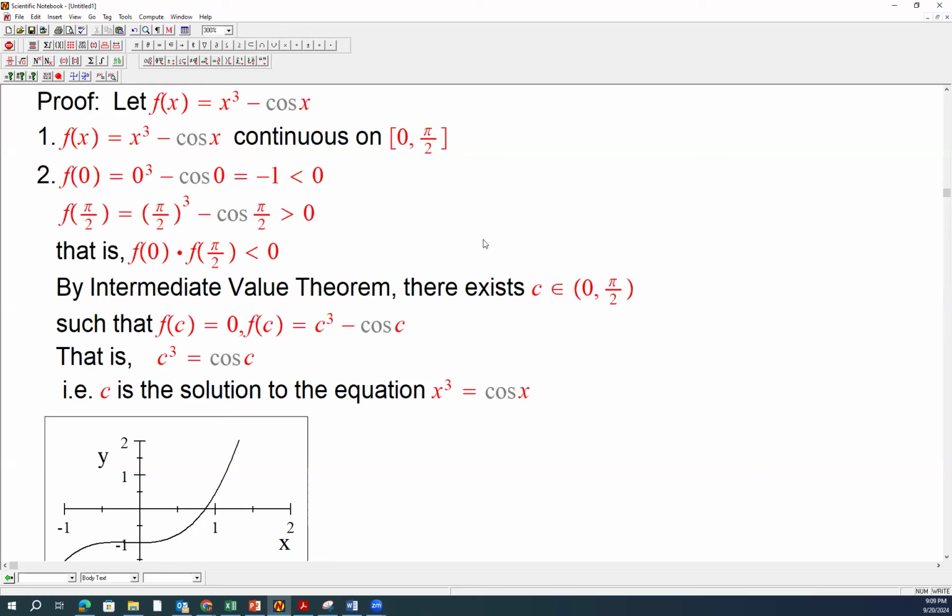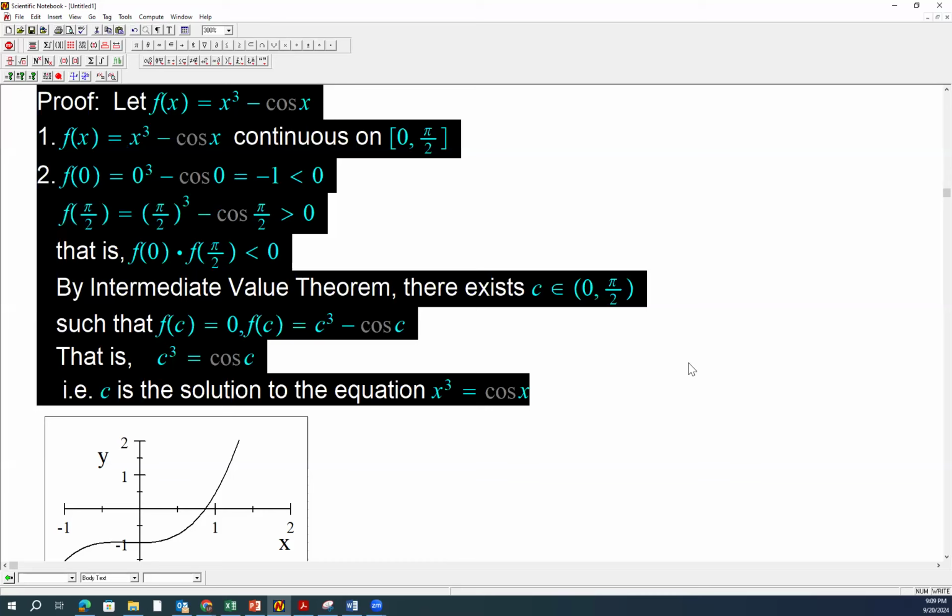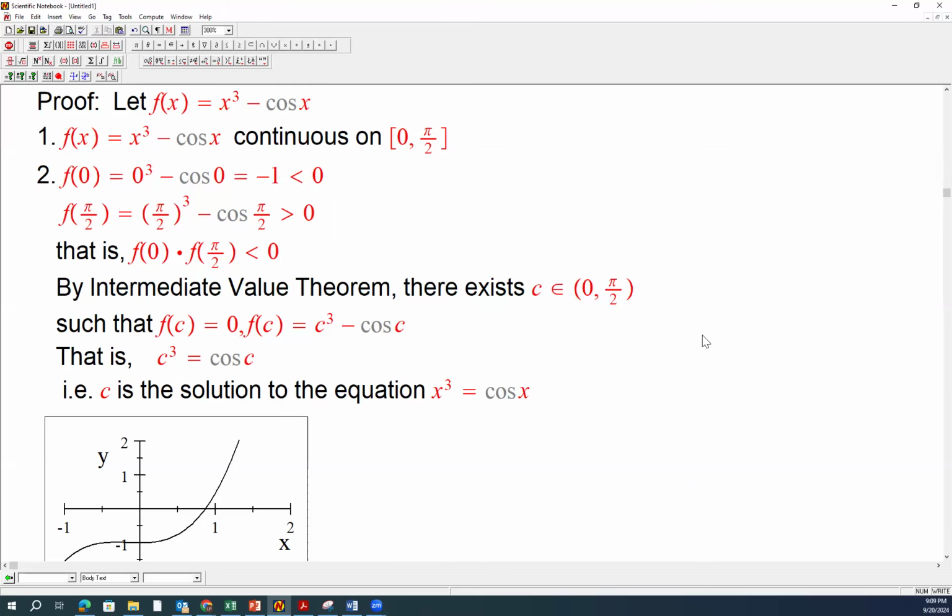All the other things need to be cleaned up. If you need to do some preparation to identify the function or the interval, that work should be put on scratch paper. Okay, this is the kind of best work I mean. The picture is not really necessary.